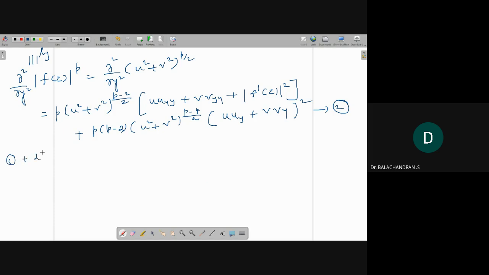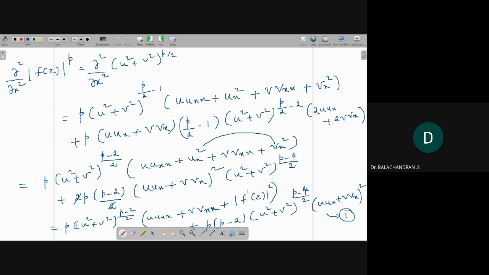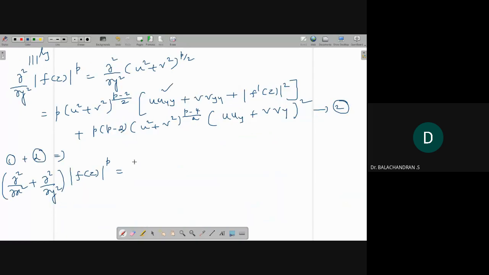1 plus 2 implies left hand side is what? Dou square by dou x square plus dou square by dou y square of mod f of z whole power p. So I think the first part, what is common? You can take p into u square plus v square whole power p minus 2 by 2. So if you take here u into uxx, here what? U into uyy. So I will write p into u square plus v square.